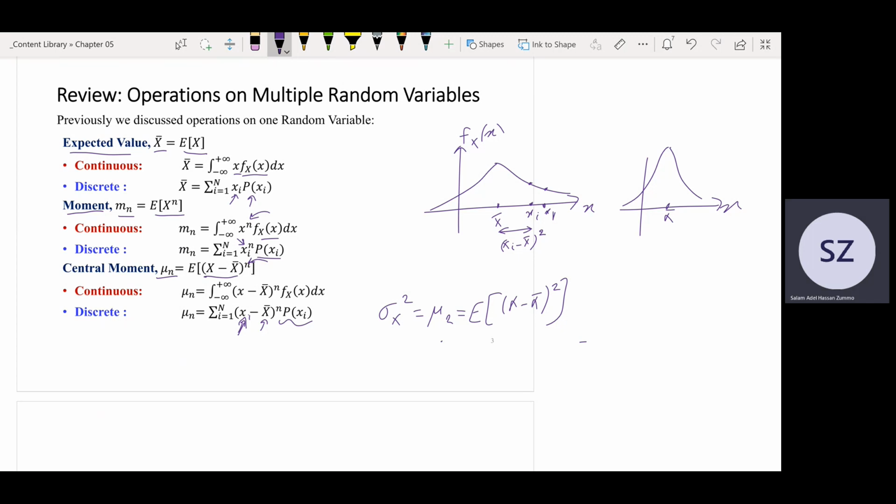Is the variance higher here or here? Why? Because the average distance from x bar here is larger than the average distance here. Most of the values of x are around x bar. So every time you have a distance that is smaller, it is given a weight that is larger. Okay? Let's finish this chapter. All this was in chapter 3.